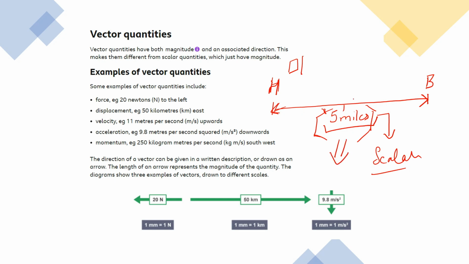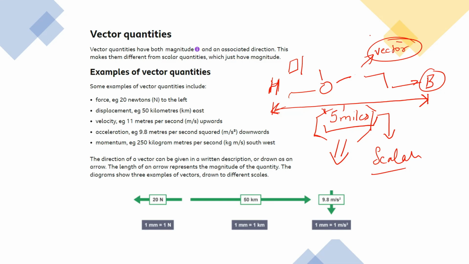But as soon as your friend wants directions to reach Barking station, you need to explain the directions to him or her. First left, then you need to take the exit from the second roundabout, then right, and then you reach Barking station. Now this is a vector quantity.